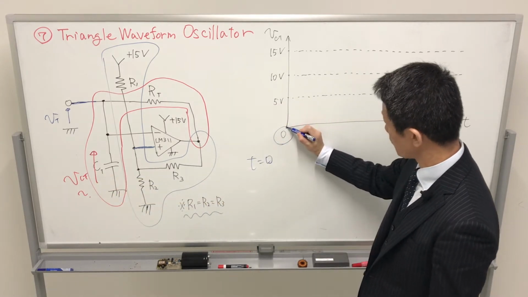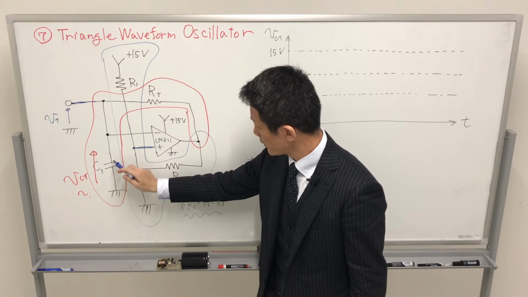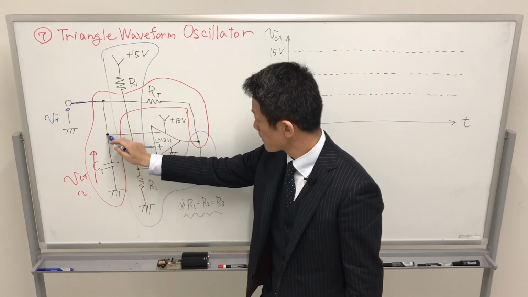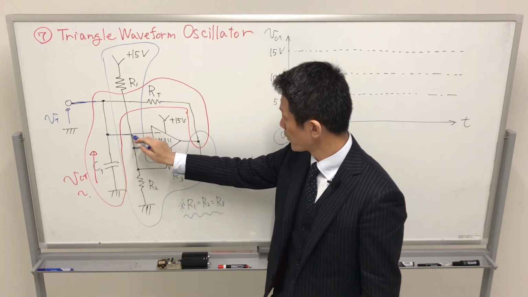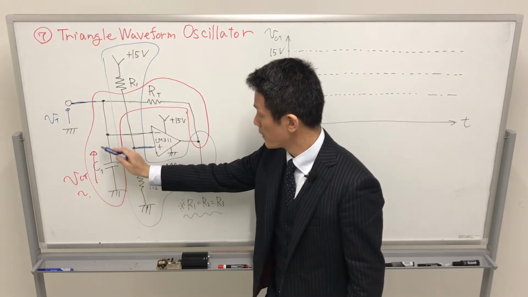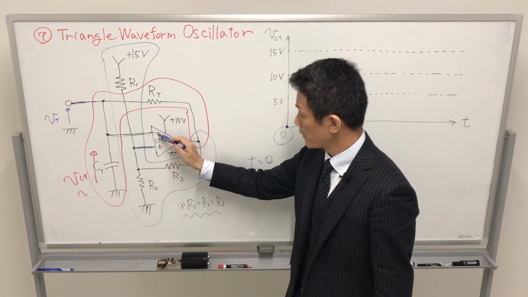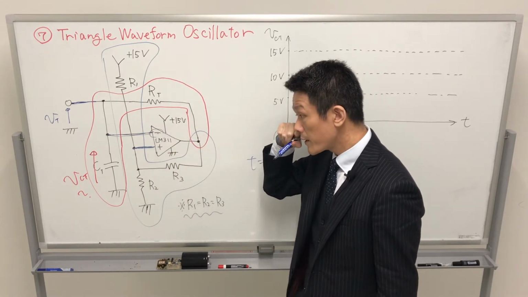The first point is here. So this terminal's voltage is 0. VCT at the positive terminal is 0, so the minus side is 0.